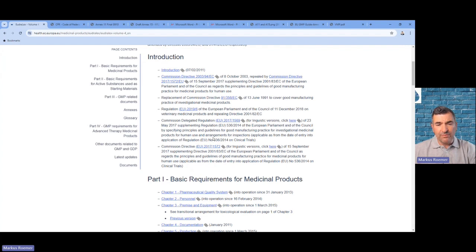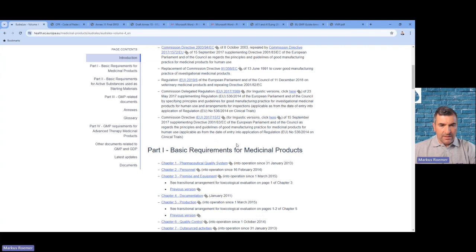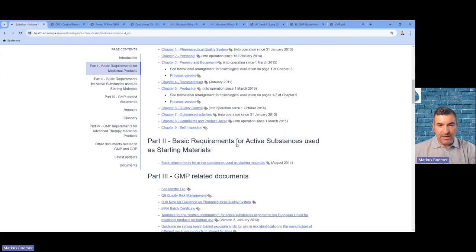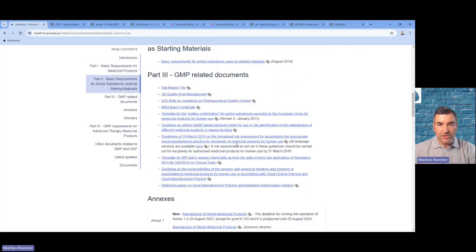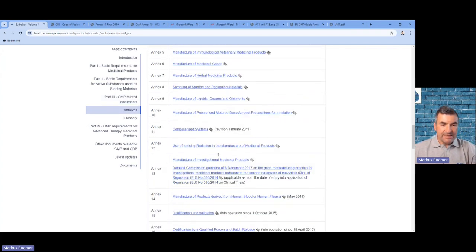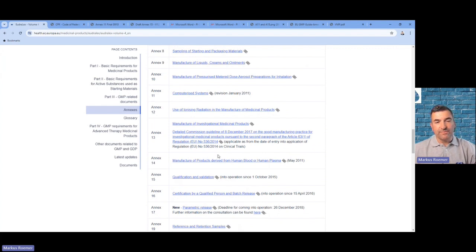In the meantime, for the veterinary stuff or ATMPs, then you have Part 1, basic requirements, divided into 9 chapters. Then Part 2 for APIs, Part 3 GMP-related documents, and then you have the annexes of the European GMP. And here, maybe it's a construction from the 1990s or something like this.